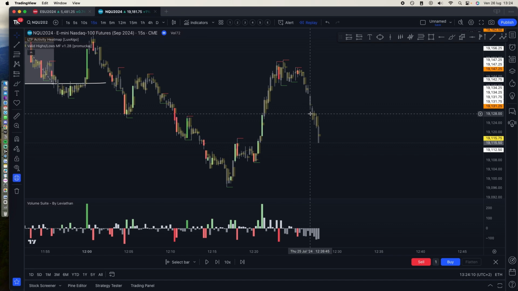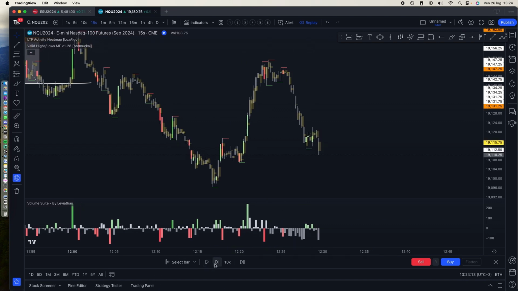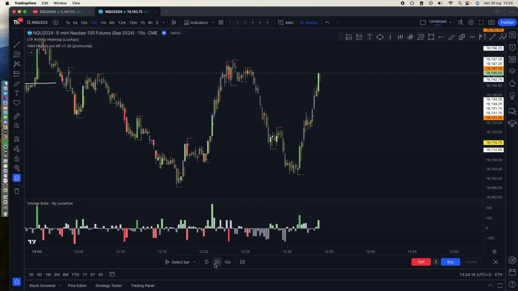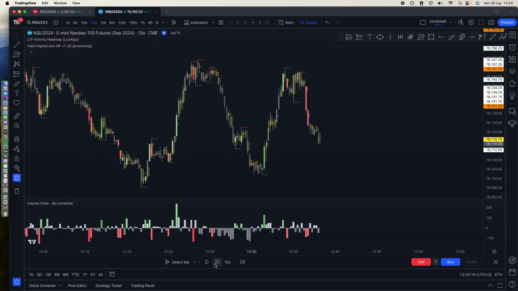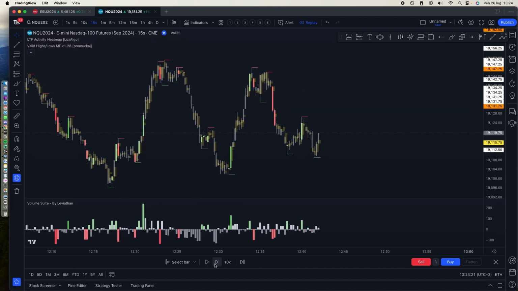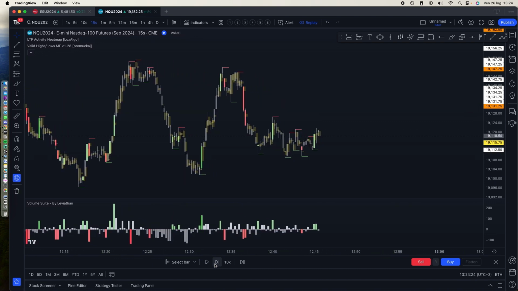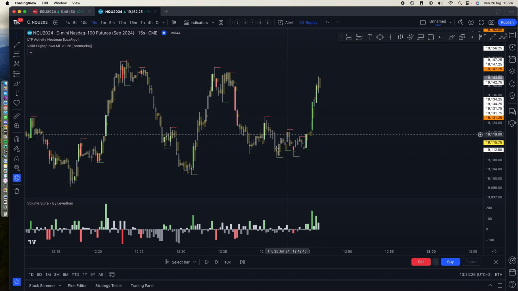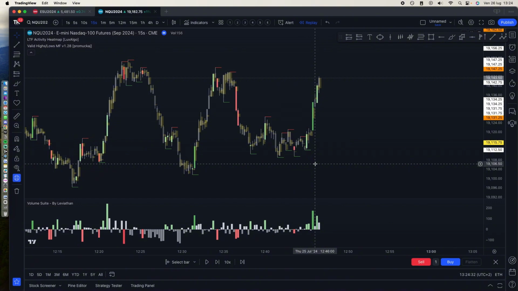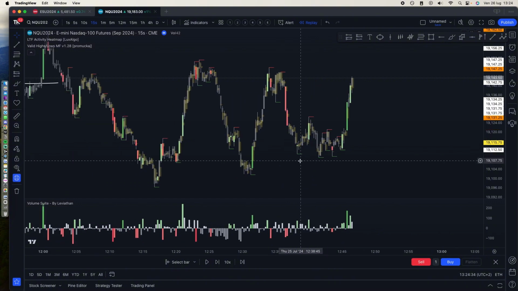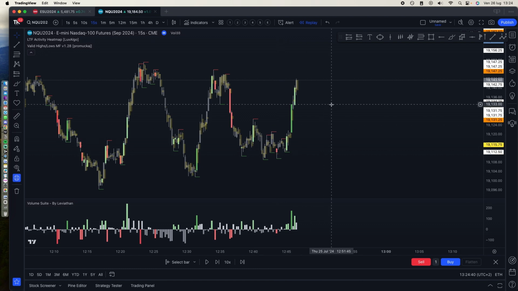Okay. No, nothing here because we don't have any red candle, we don't have a fair value gap, we don't have anything here. No. Yeah, could be.